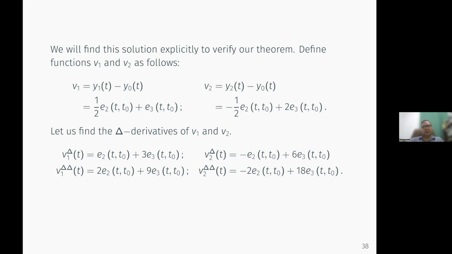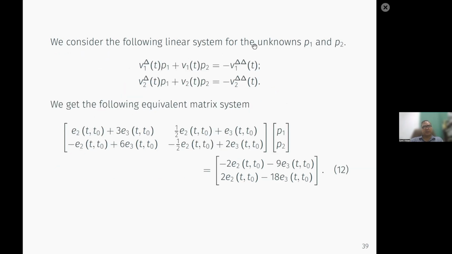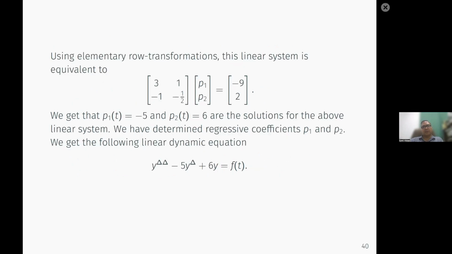If we substitute in our equation, we get these values, which can be written in this form for P1 and P2. And this we can solve. For this system we can use elementary row transformations, and we see that the linear system is actually equivalent to this system, which gives the solution p1(t) equals -5 and p2(t) equals 6. So we can determine these two using this information, and these are the solutions.